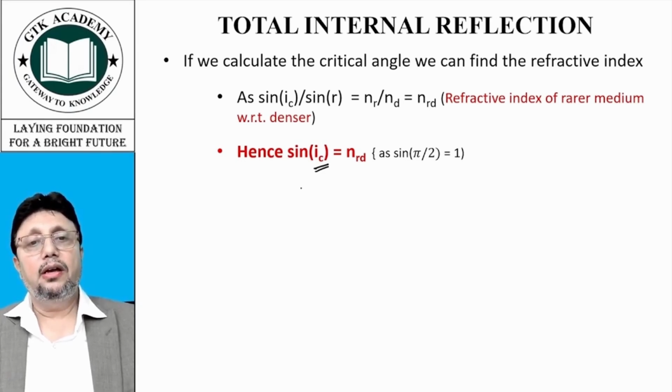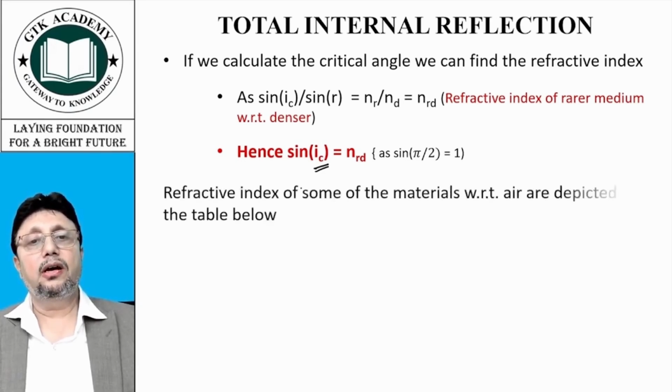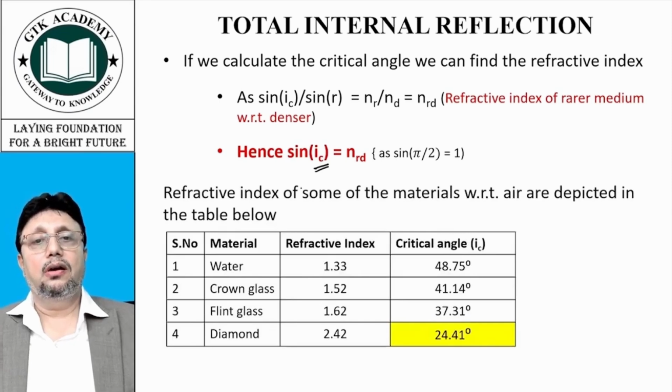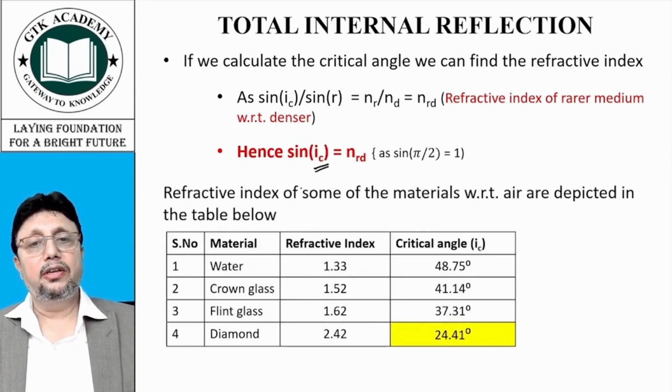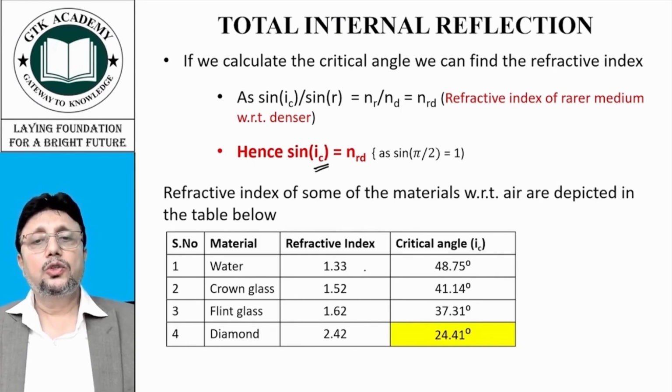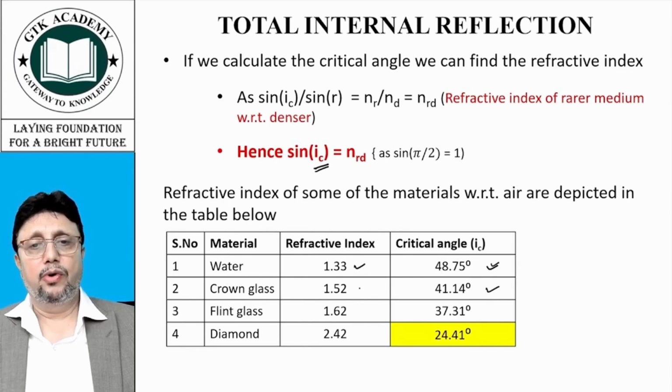So here we are showing some of the refractive indices of some materials which has been calculated like that. So you can see that critical angle in case of water is 48.75 degree, crown glass like this, and these are the refractive index 1.33, 1.52.